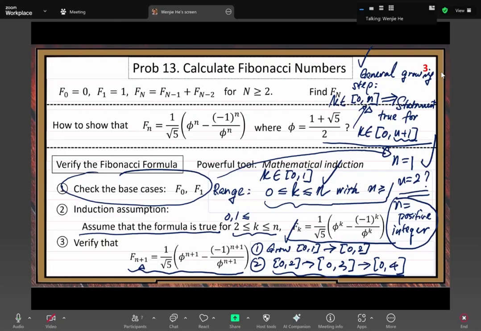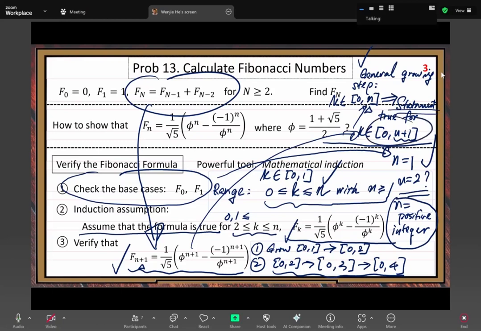Not allowed. But here we do not apply that statement. Here we use this original recurrence relation. We show this must be correct. After we show this is correct, then we extend our original statement to be true in a larger range. That's the idea. So you can see. So that's the logic.